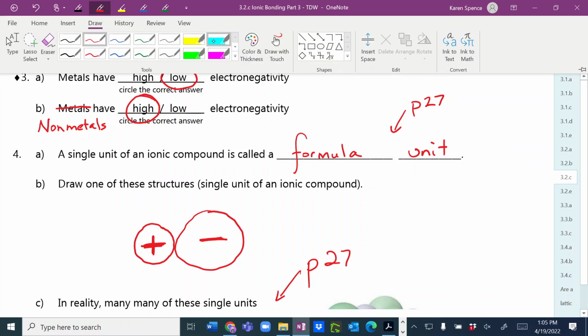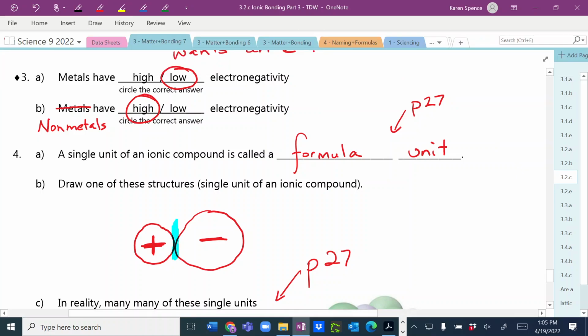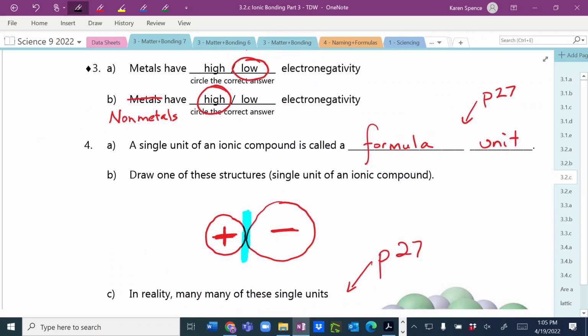What do we call this attractive force between the positive and negative ion? Actually, my arrowhead should be on the other side. That is an ionic bond, yes.